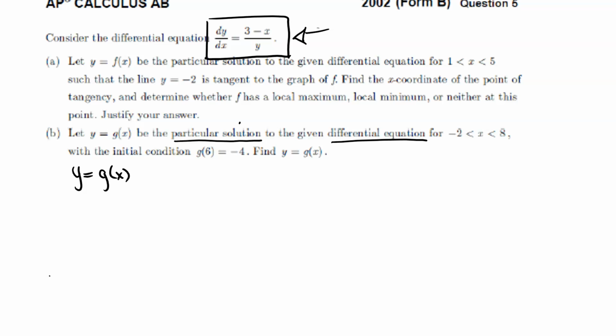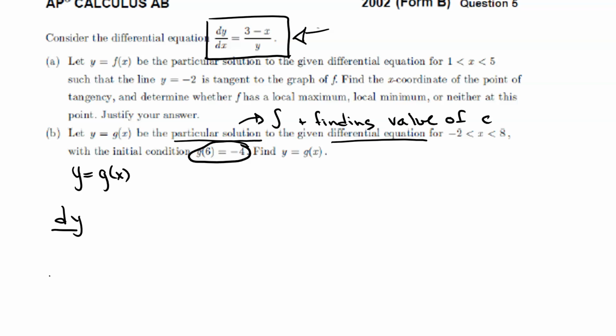Particular solution tells us we are integrating and then finding the value of c, on the interval negative 2 and 8 for x with the initial condition, g of 6 equals negative 4. So we're going to use that piece of information as well.